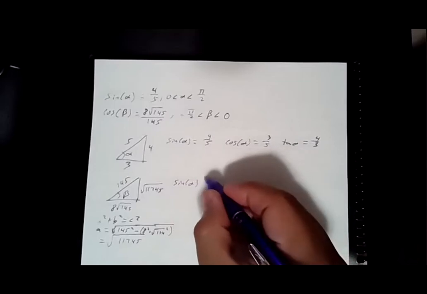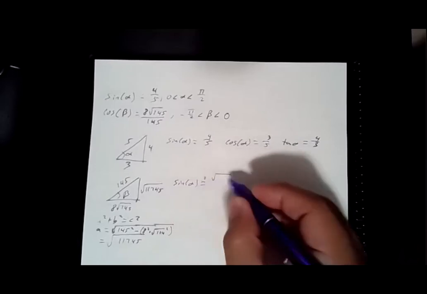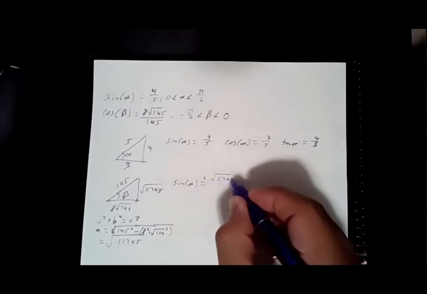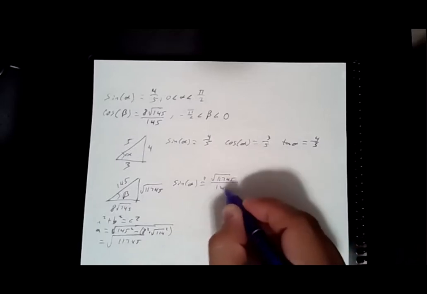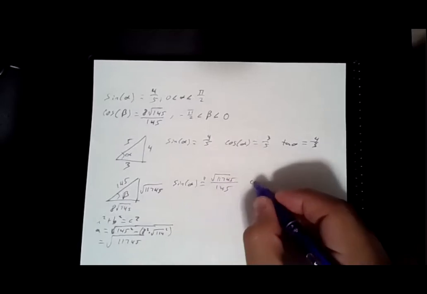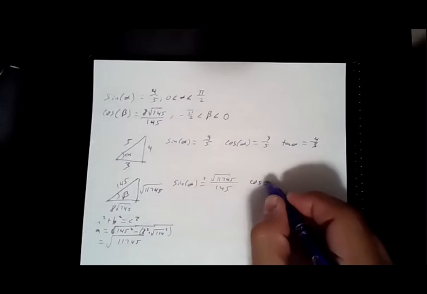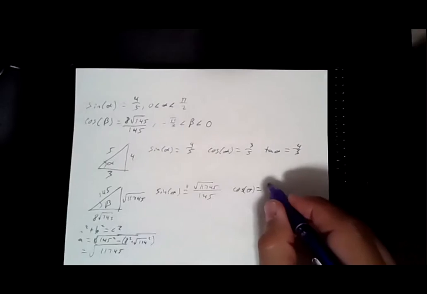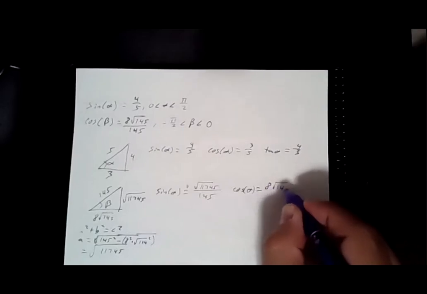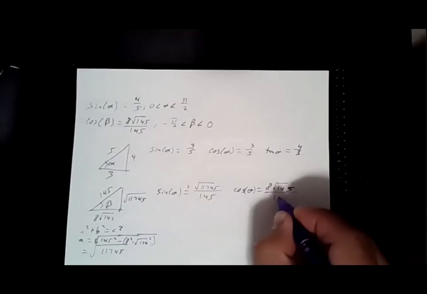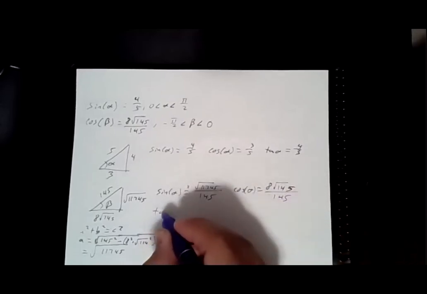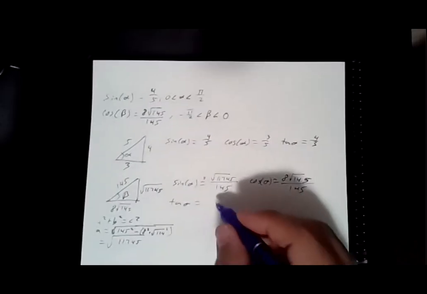Sine beta will be the square root of 11,745 over 145. Cosine beta we already have, but I'll write it again: 8 times square root 145 over 145. Tangent beta will be this one over that one.